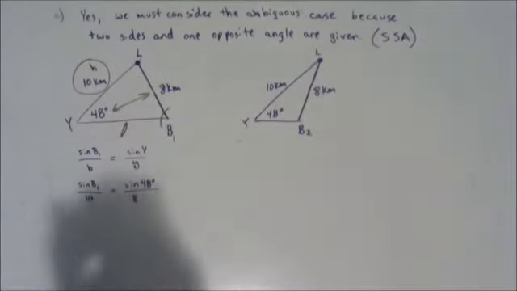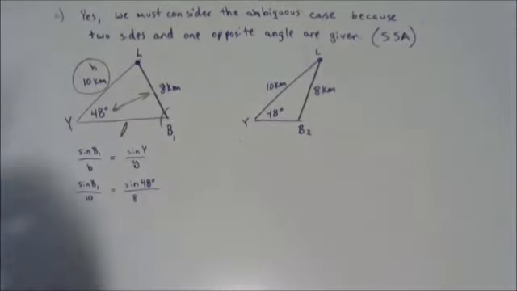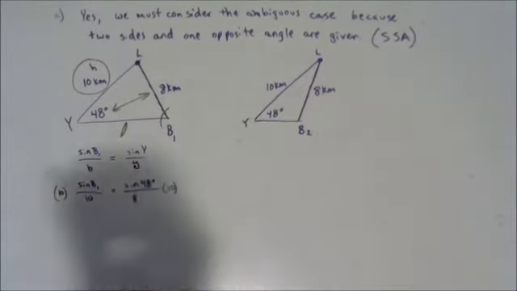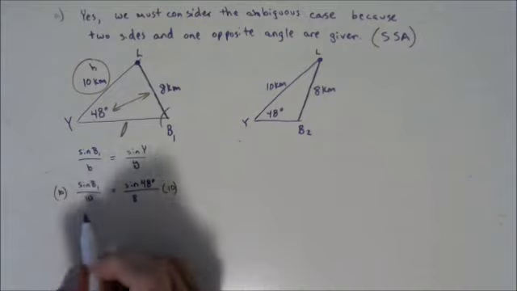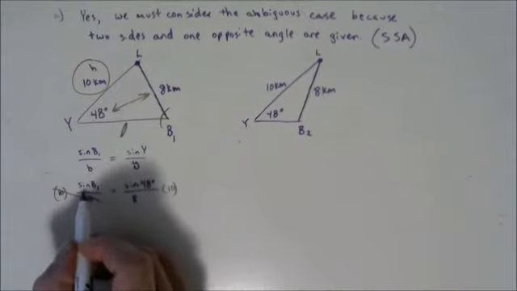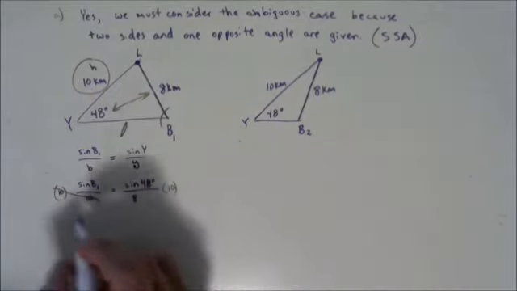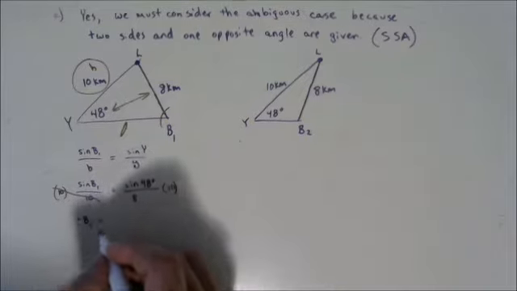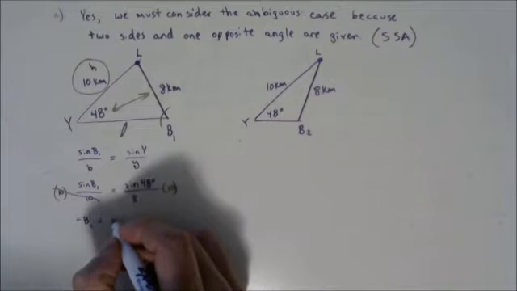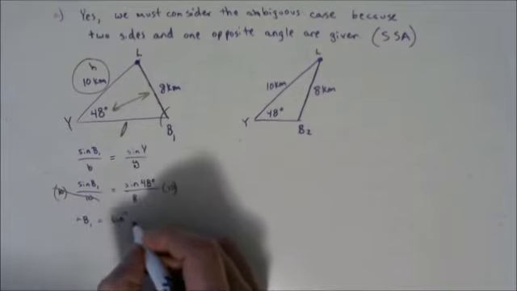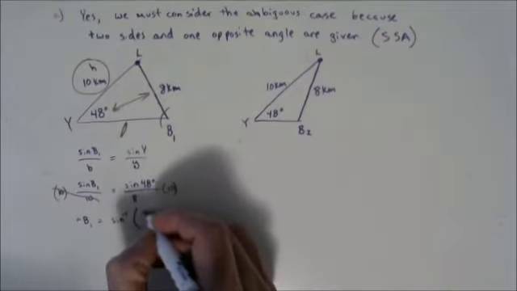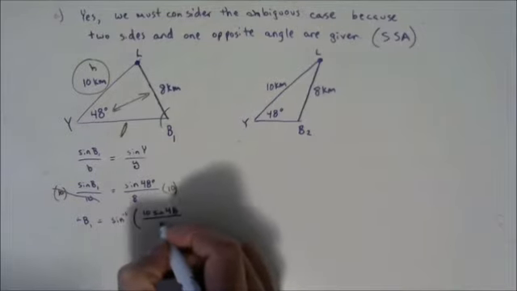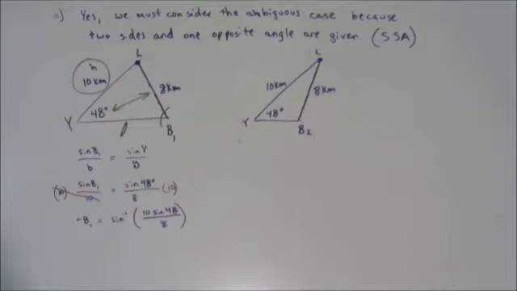Now I'll show you each step. We're going to multiply both sides by 10, and at the same time, take the inverse sine of both sides. So the measure of angle B1 is equal to the inverse sine of 10 times the sine of 48 over 8.